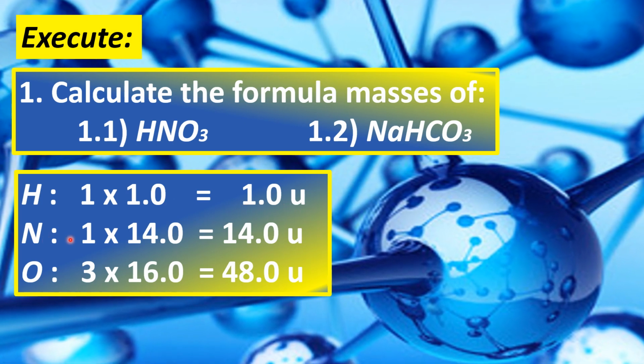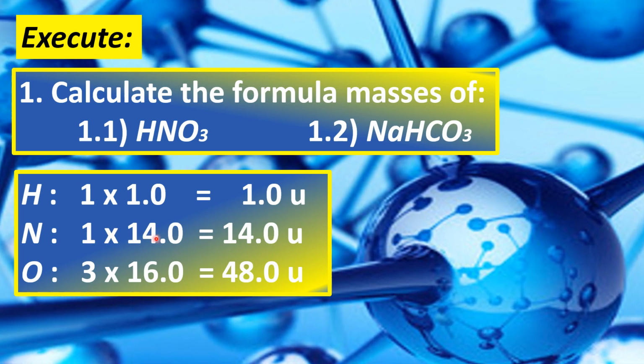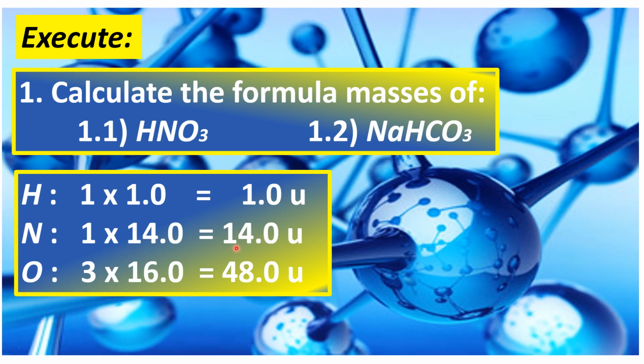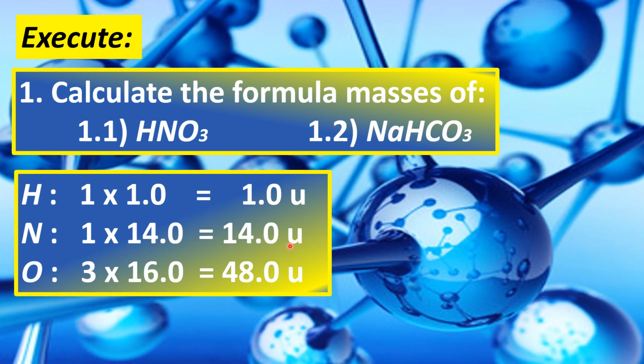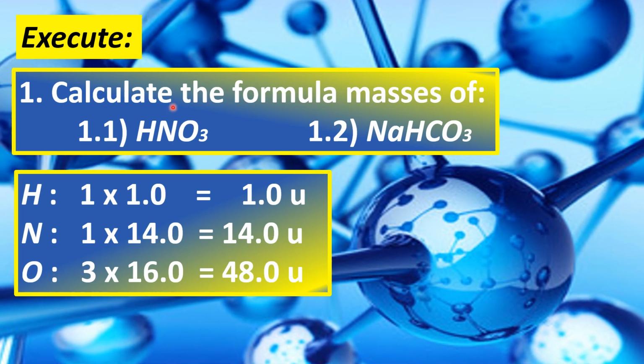Likewise, there's only one nitrogen atom, and the atomic mass of nitrogen is 14.0 U. So 14.0 U is the atomic mass of one nitrogen atom, while oxygen has three.